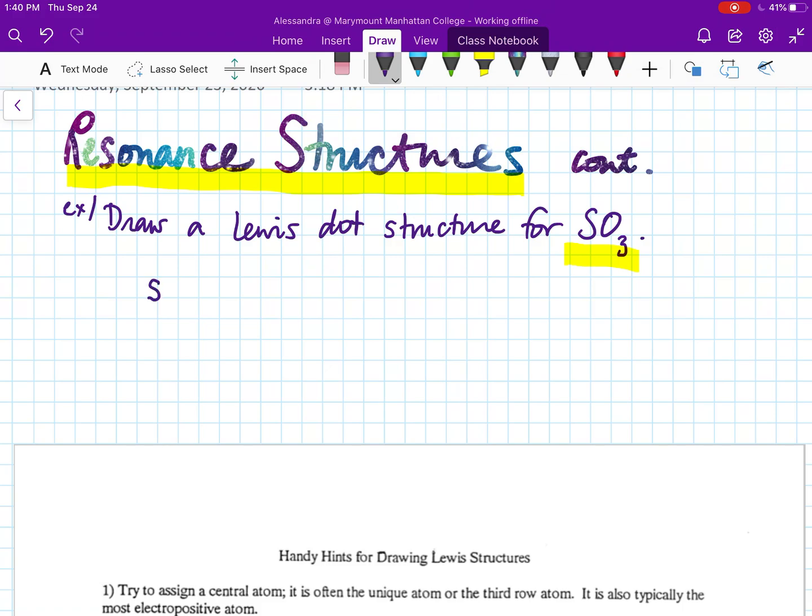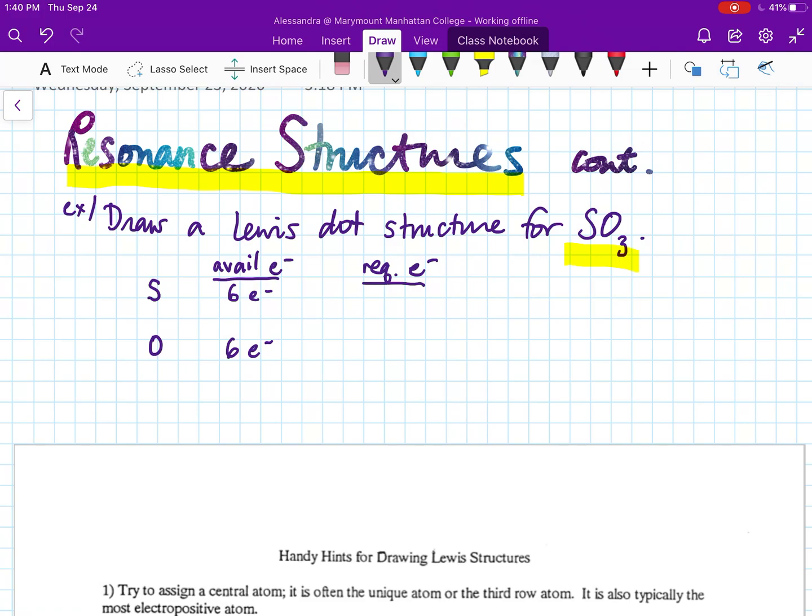So in sulfur trioxide, I have one sulfur atom and 3 oxygen atoms. I am going to make a tally of the available electrons that each atom brings to the table and the required electrons that each atom is going to need for its octet. So sulfur brings 6 valence electrons to the table, as does oxygen.